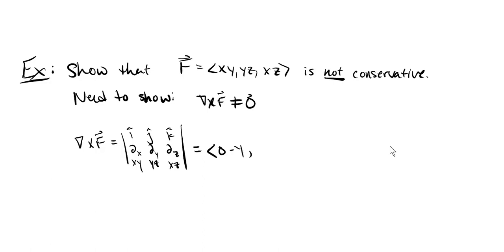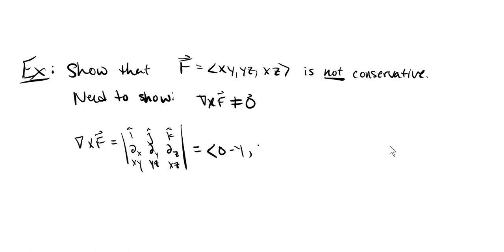In the j direction, it looks like I have z. Oops. Let's see. Did I make a mistake? No, okay, this is good.